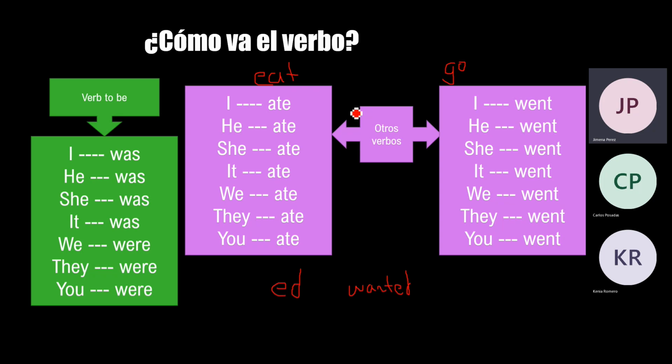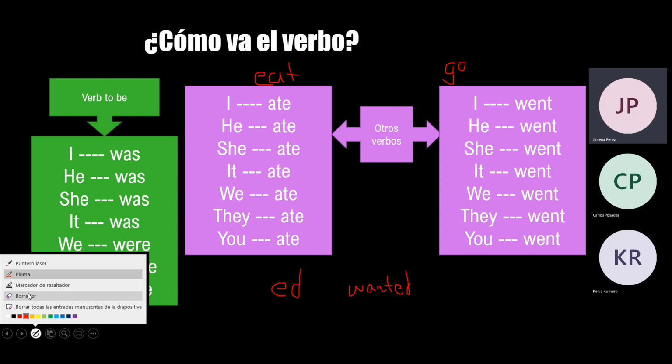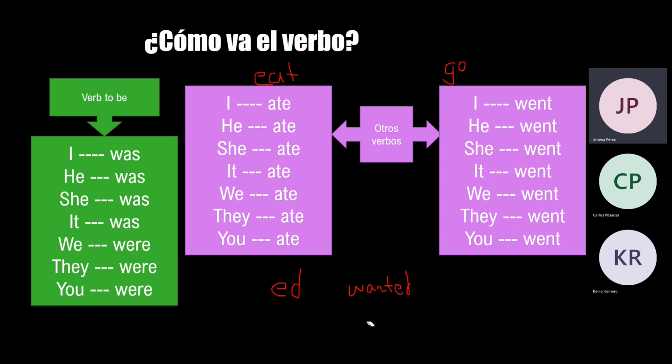Do you have questions or comments about regular and irregular verbs? What is important here is to note that some verbs are regular and you only write the ed at the end, and other verbs are irregular, and it's important to remember, for example, that the past of eat is ate and the past of go is went.